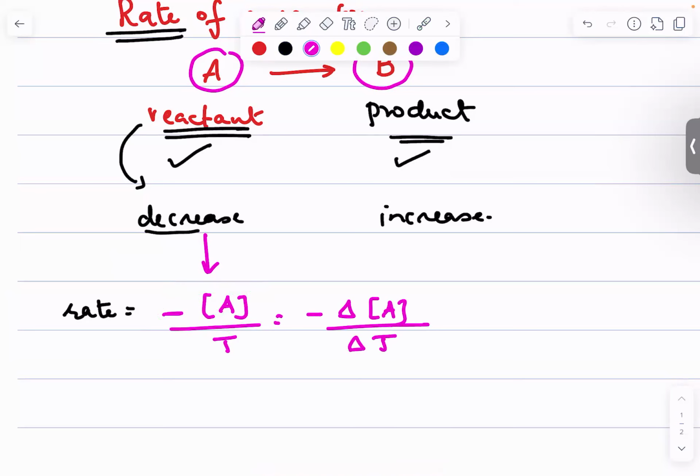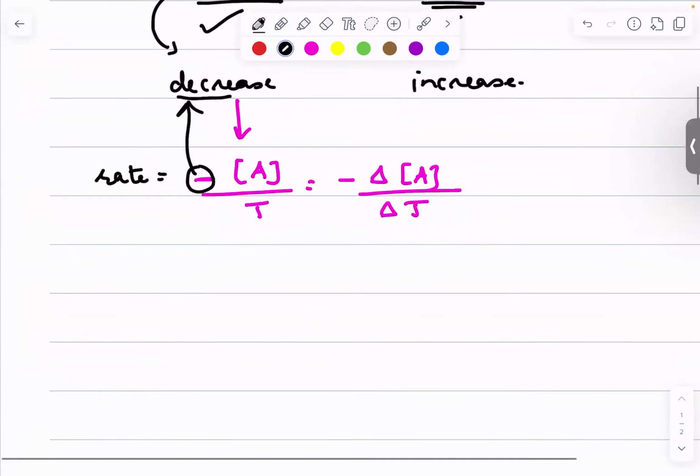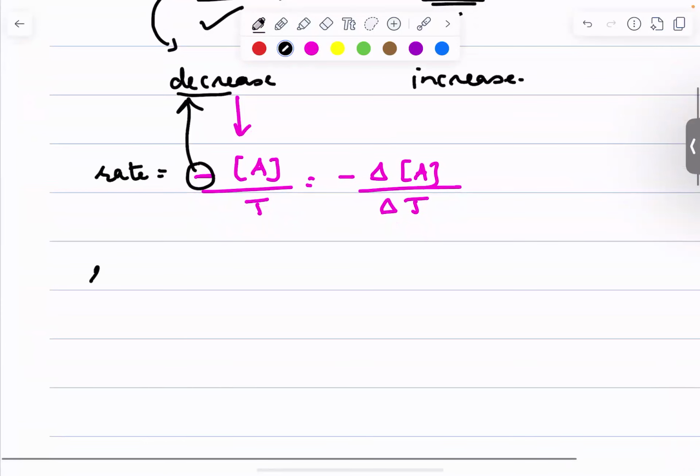All right. Now, why did I put this minus? Because the reactant is decreasing. So what is the rate in terms of reactant? Change in the concentration of reactant per unit time. This is the proper definition of rate of the reaction. What is the formula? This is the formula.